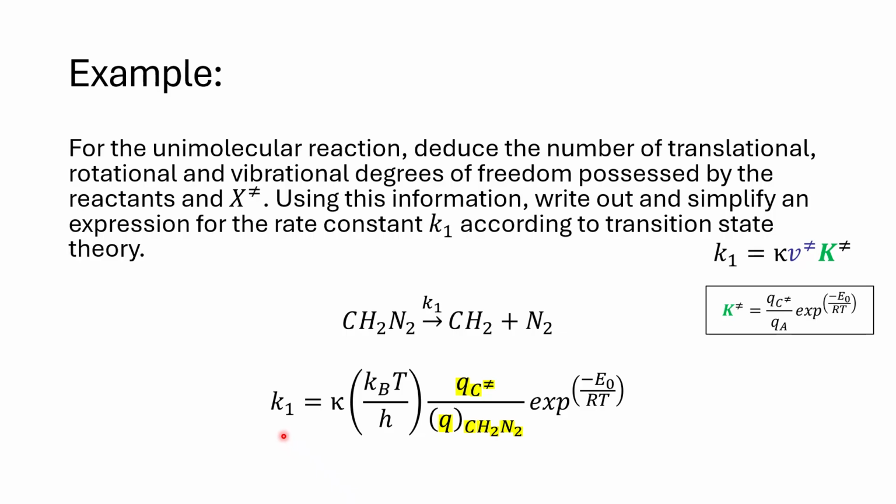For a unimolecular reaction, the transition state theory rate constant K1 will involve the ratio of the transition state partition function to only one reactant partition function. So we have seen these equations in the previous slide, and now we have to evaluate what these partition functions are for the activated complex and also the reactant.